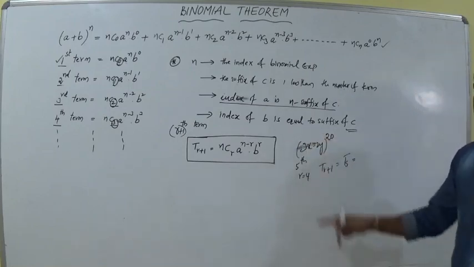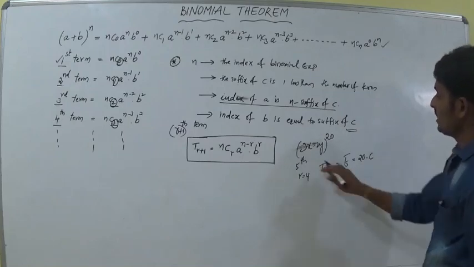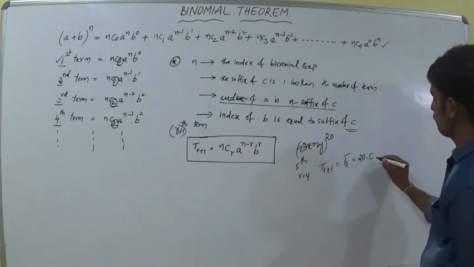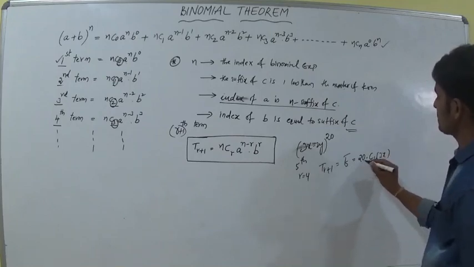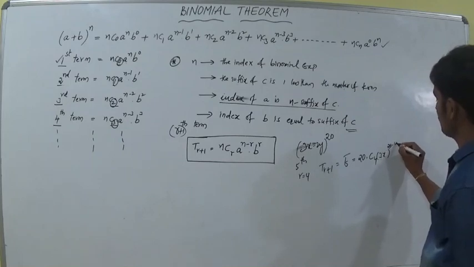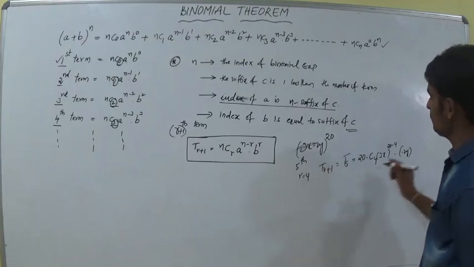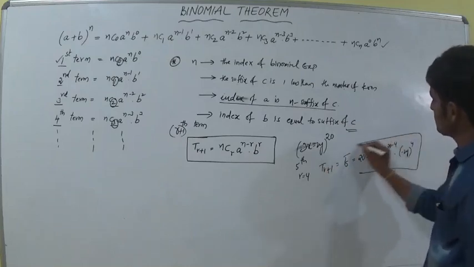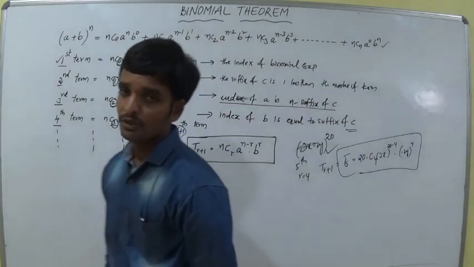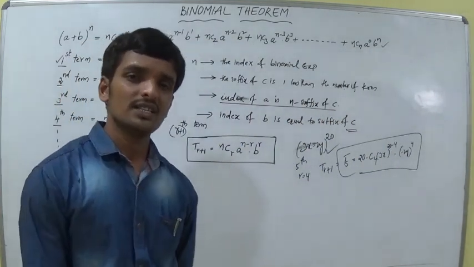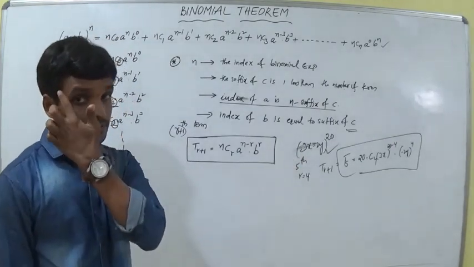Now we write n; the value of n here is 20. So 20C4, a is 3x, to the power of n minus r, that means 20 minus 4, into b to the power of r, where b is minus 2y and r is 4. You can simplify these values and get the fifth term of our expression. So we can do some problems in this method.